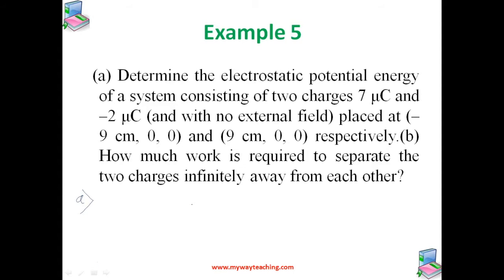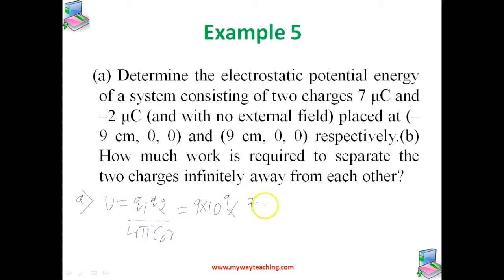Electrostatic potential energy of a system consisting of two charges. So we know the equation, U is equal to Q1 Q2 by 4 pi epsilon naught R. 1 by 4 pi epsilon naught is 9 into 10 raised to 9.